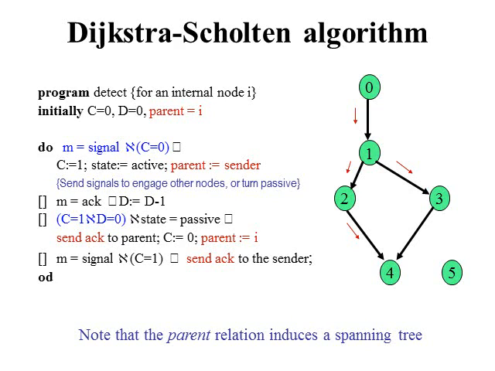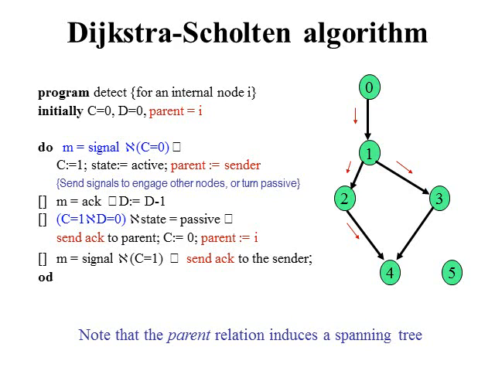It means that the process I had already received a message along another incoming edge, and it basically sent out the message along all the outgoing edges and had turned itself passive. All right, and that's why the value of state is equal to passive, and the value of D equals 0.